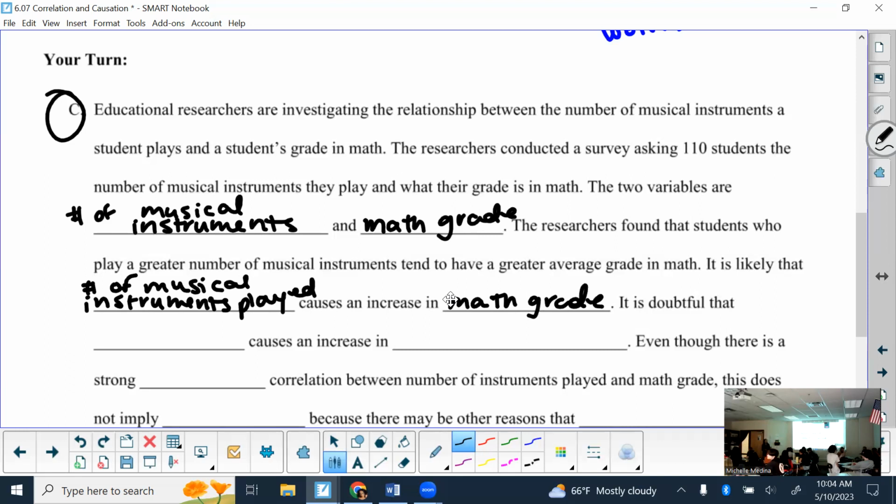Like a few. Okay, so there was a lot less in that one. So it's doubtful that math grade causes an increase in instruments played.